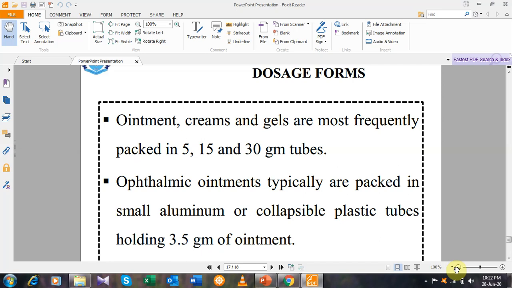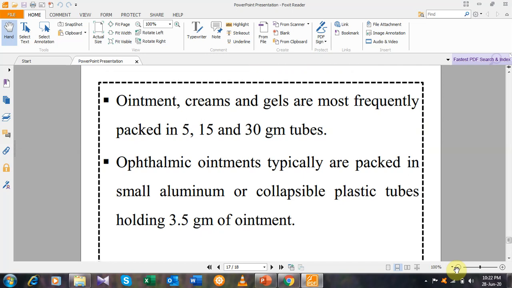But remember that ophthalmic ointments typically are packed in small aluminum or collapsible plastic tubes holding 3.5 gram of the ointment. Means that ophthalmic ointment that is used for the eye is typically filled with a smaller amount than the above mentioned amounts, that is 5, 15 and 30 gram.